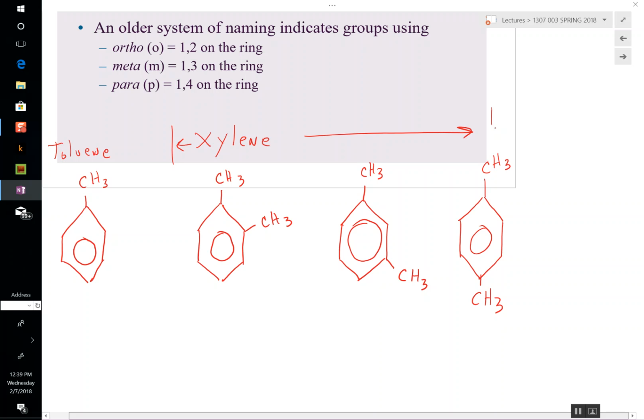Now, you might say, well, you put one there, you put one there, you put one there. Couldn't you put one there and have another molecule?